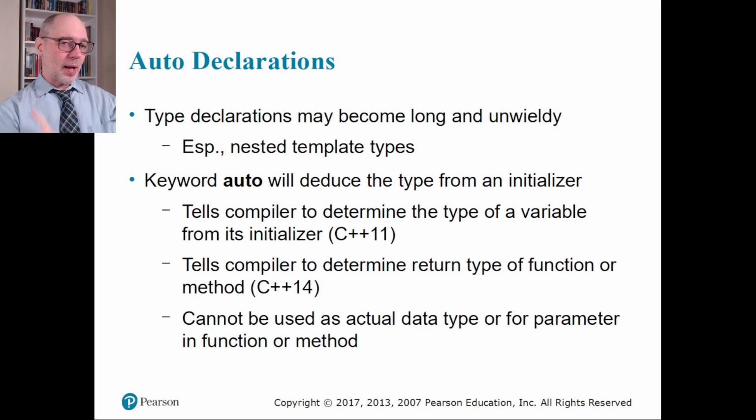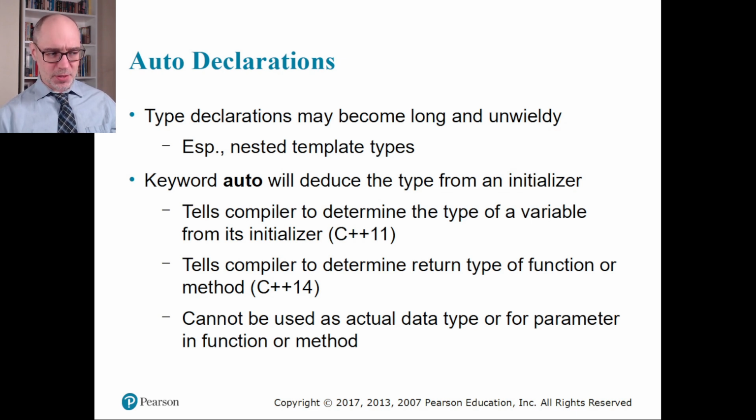So one option is that there's a keyword auto in C++ now that when you declare a variable of some type and initialize it, like int val equals number, or maybe the return of a function, you can replace the type with auto and say, hey, compiler, just figure out the type for me from the initializer.